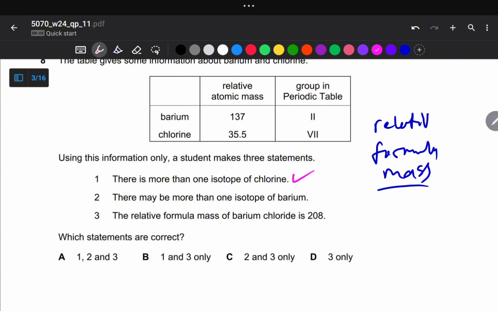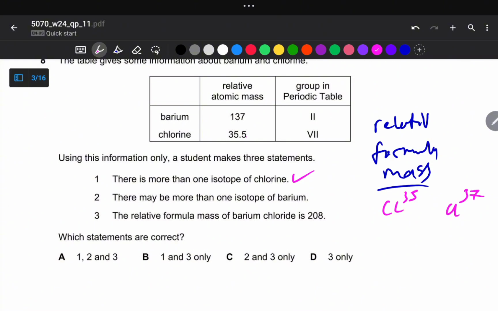Because we've got this comma. This comma indicates that there is a possibility of having other isotopes. From the theoretical information, we've got chlorine 35 and chlorine 37, right? So this becomes correct. Why? Because of this comma.